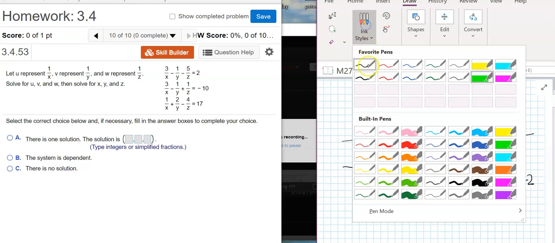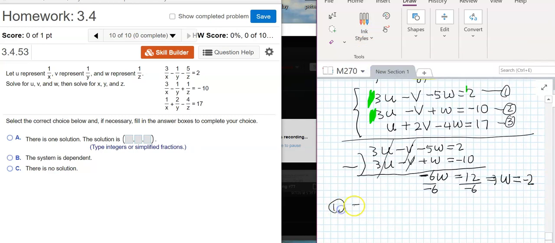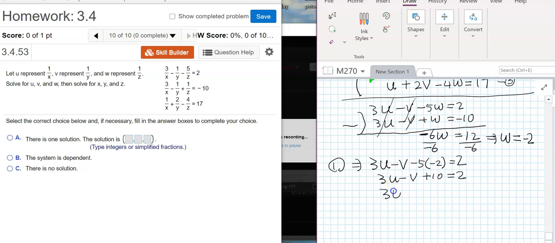The first equation is 3u minus v minus 5 times negative 2 for w equals 2. That means 3u minus v plus 10 equals 2, so 3u minus v equals negative 8.